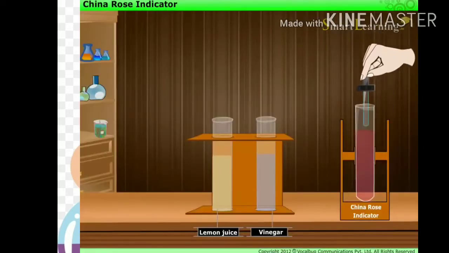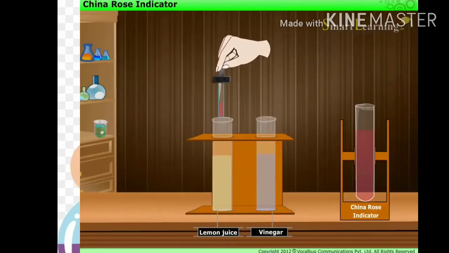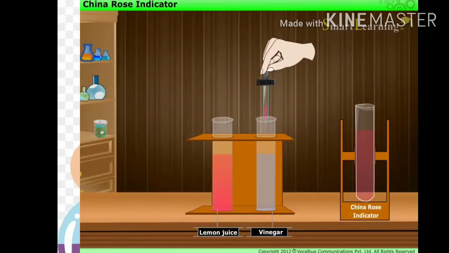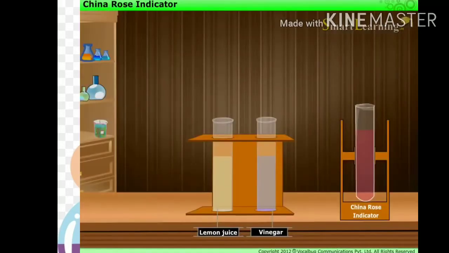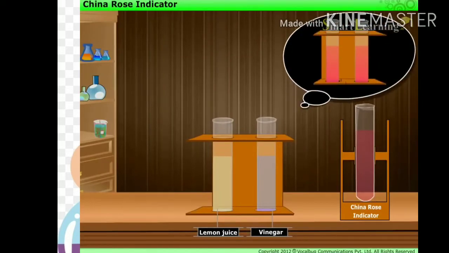Similarly, add 5 drops of this indicator to acidic solutions, namely, lemon juice and vinegar. You will observe that they turn to dark pink, that is, magenta. The pale yellow color of lemon juice and the transparent color of vinegar changes to dark pink.